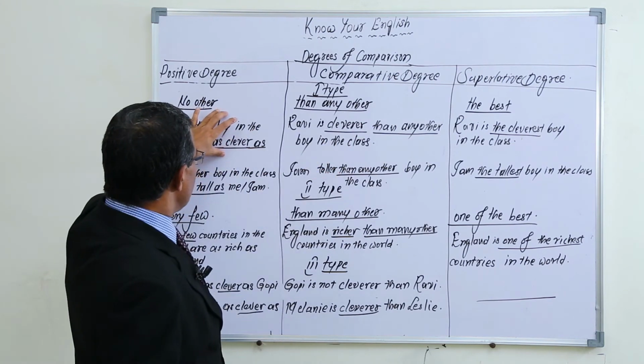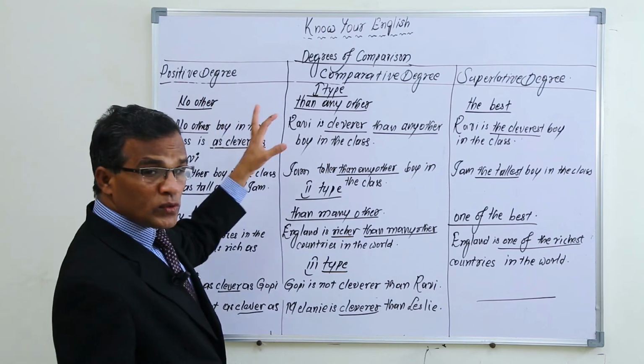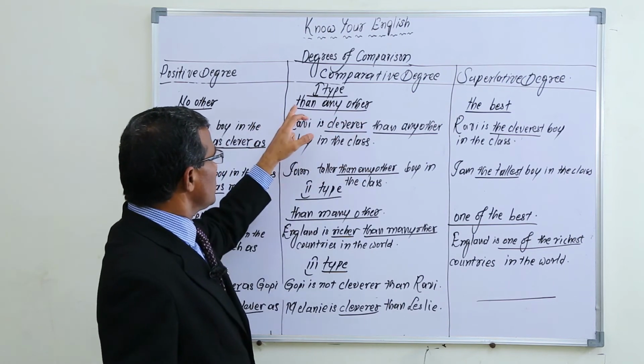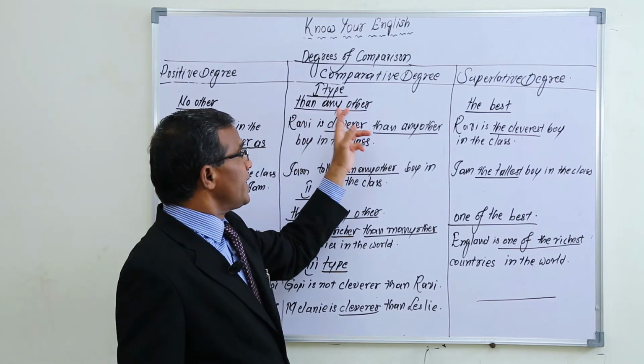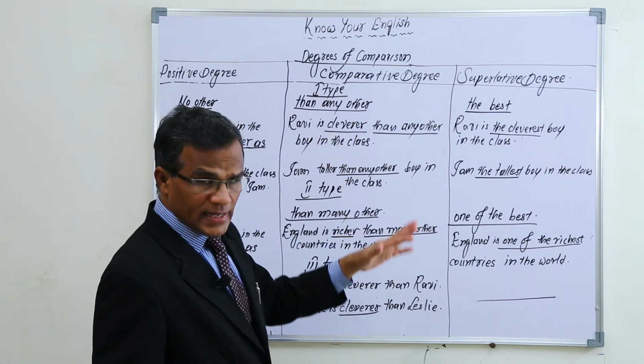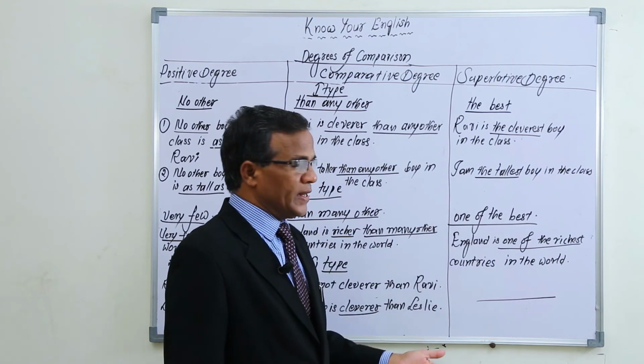If a positive degree sentence starts with "no other", and you want to say it in comparative degree, then in this sentence we have to use "than any other". So as per that, now the sentences are there. I will read them out and I will explain also.